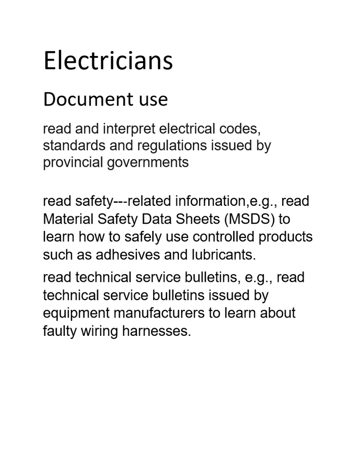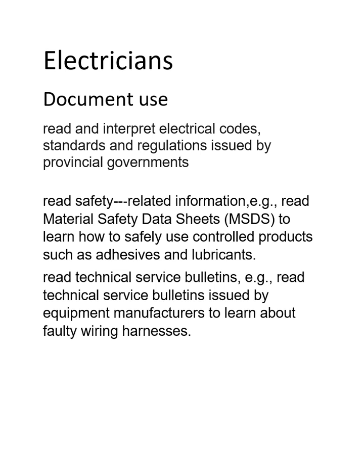Electricians, document use. Read and interpret electrical codes, standards, and regulations issued by provincial governments. Read safety-related information. Example: read material safety data sheets to learn how to safely use control products such as adhesives and lubricants.